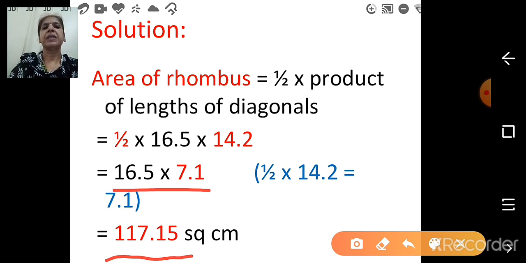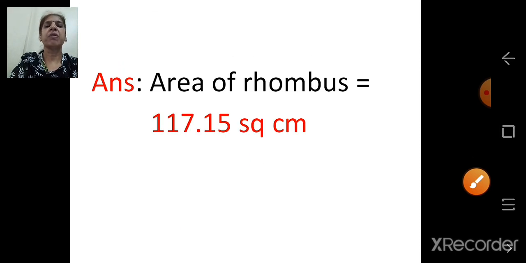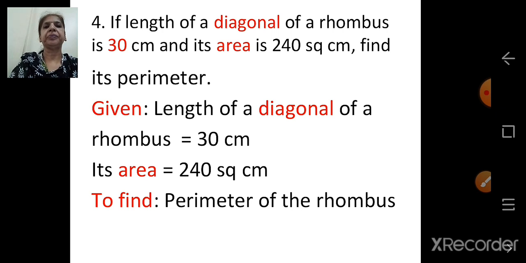And when you will multiply, write the answer, and here the answer will have 2 decimal places. So it is 117.15 square centimeter. Now final answer. Final answer, area of rhombus is equal to 117.15 square centimeter.